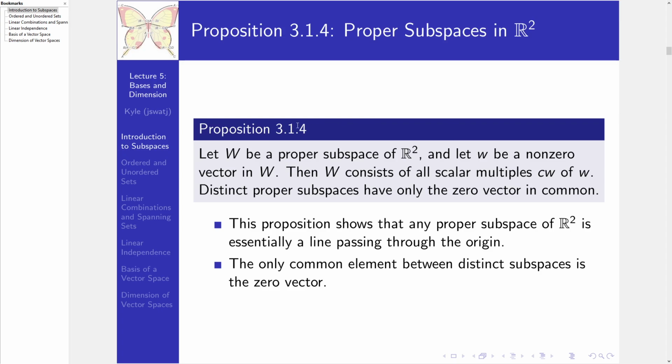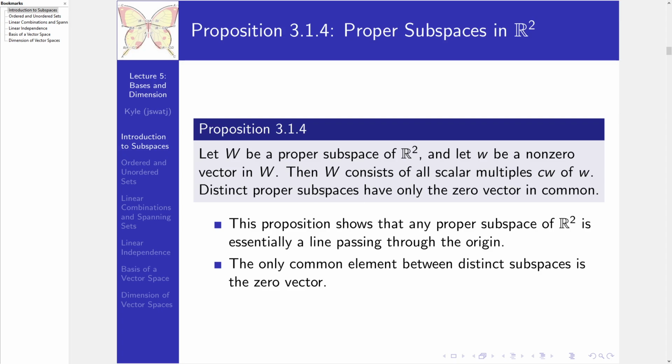So proposition 3.1.4, which is in the textbook: if W is a proper subspace of R squared, and little w is some non-zero vector in big W, then the subspace W consists of all scalar multiples cw of w. That's a lot of W's.